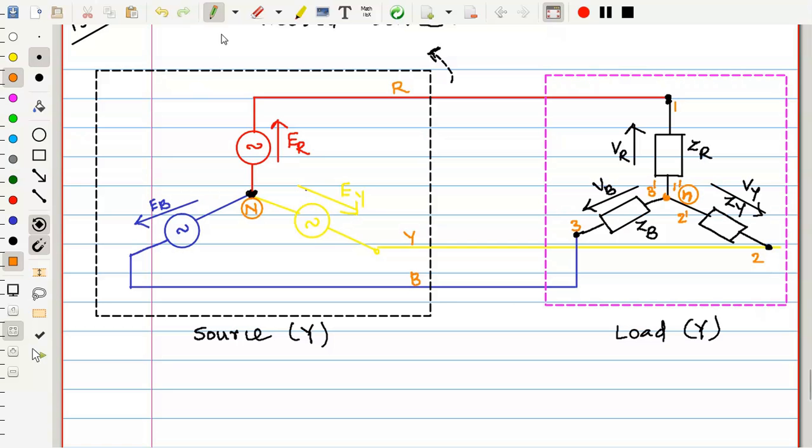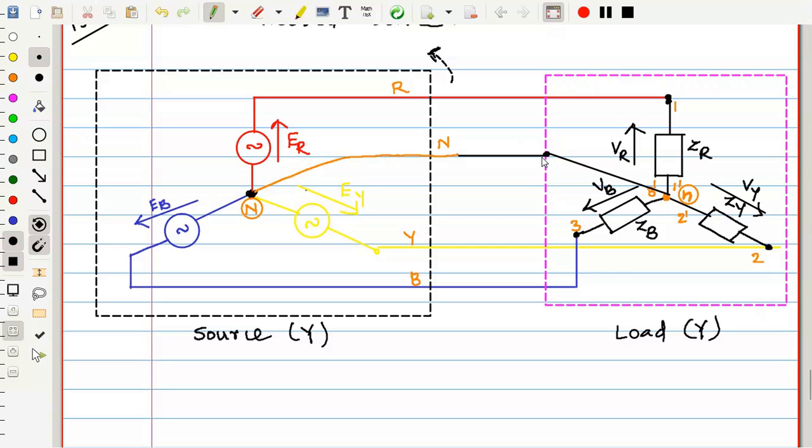And generally, whatever we see in real time is that these neutral terminals will be extended and we call this N. So R, Y, B and N, and this neutral terminal will be connected to the load neutral terminal also, like this.